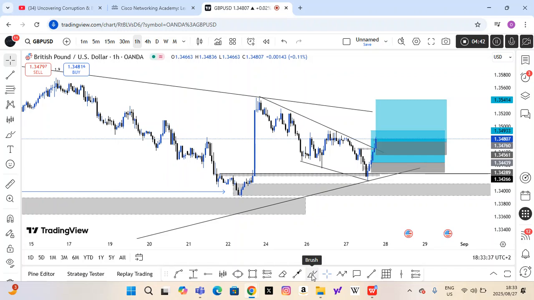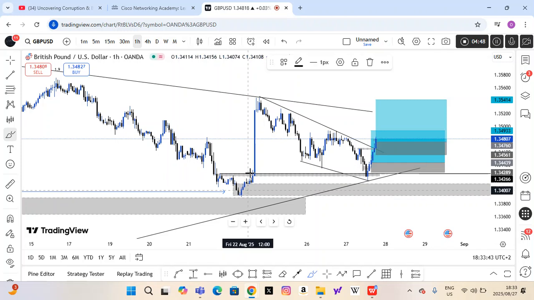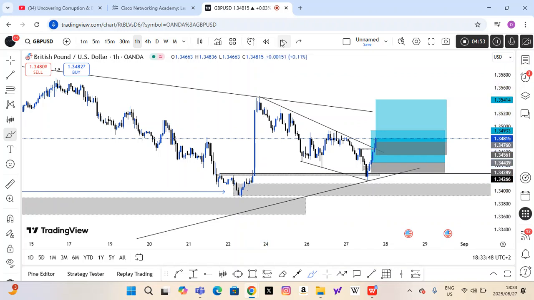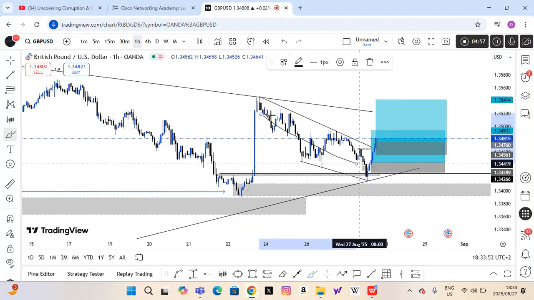So now looking at the confirmation that I had with this first trade, price gave us this big impulsive phase. After that impulsive phase, look what happens. We form a correction. You understand?